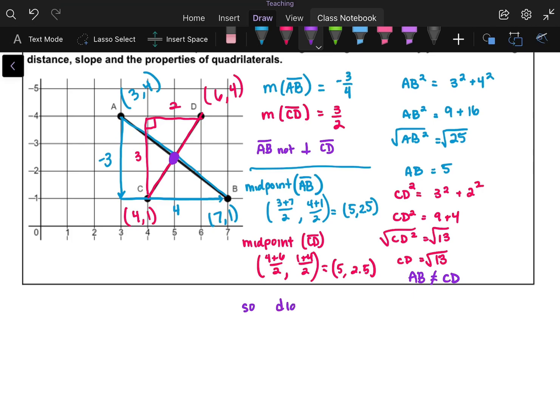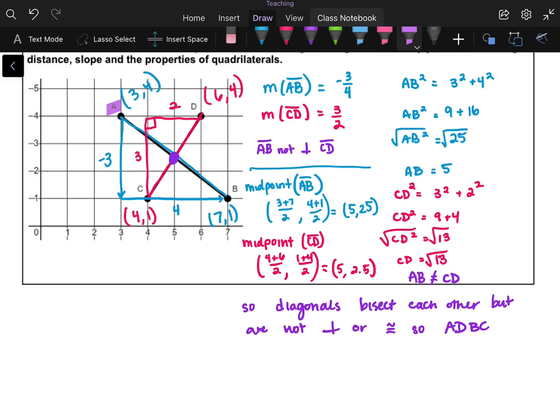So the diagonals bisect each other, but are not perpendicular or congruent. So A, D, B, C. Be careful when you're naming this quadrilateral because, again, the order is a little bit different.